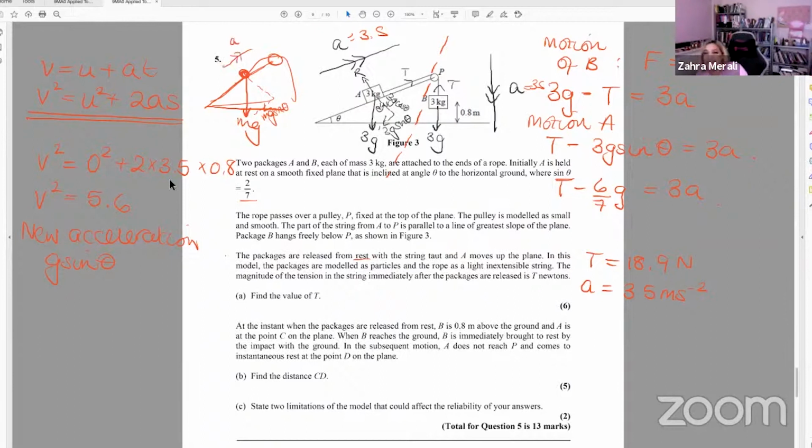So there's still an acceleration, but it's going to be decelerating because it's getting slower. So in the direction of acceleration, I've got 0 forces. Against acceleration, I've got minus mg sine theta equals ma. The m's cancel, and you're left with your new acceleration or deceleration of minus g sine theta if it's on a slope. So in this case, we know sine theta is 2/7, so we get minus 2/7 g.